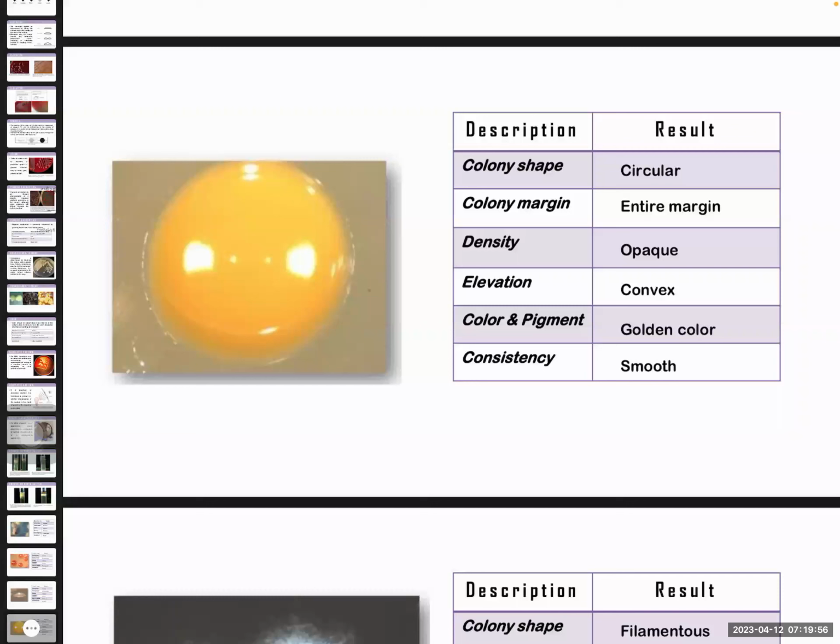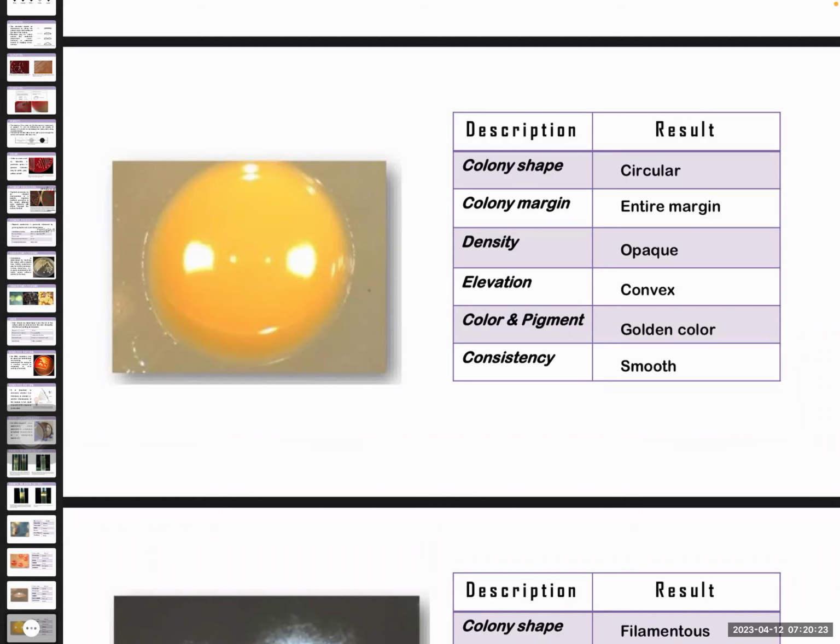That is Staphylococcus aureus, particularly on MSA, or the mannitol salt agar. So kaya nga it's called Staphylococcus aureus, from the old name for gold, which is aurum, because of its characteristic golden color when grown on mannitol salt agar.